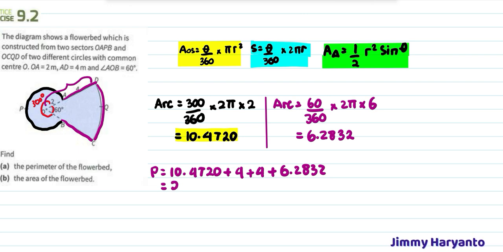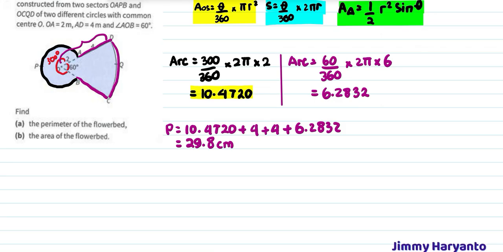Okay, the final answer is 29.7, my bad, should be 29.8 centimeters. That is the perimeter.